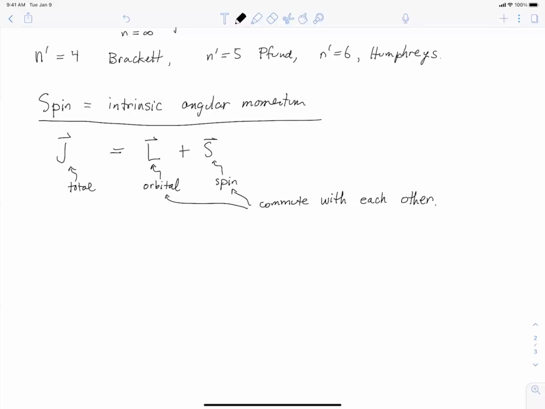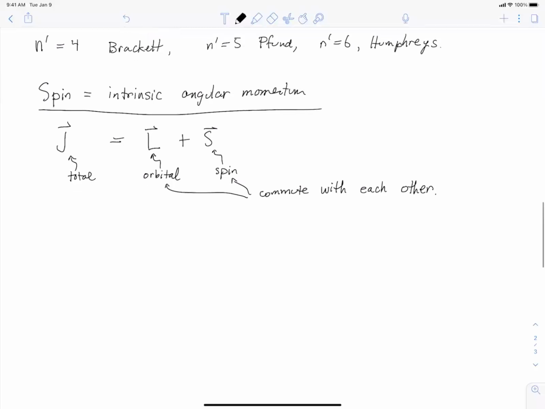Let's say I had a carbon atom, then there are 6 spins and 6 orbital angular momenta, and I need to add them all up somehow and understand the commutation relations that would come about from that. Okay, but for now, we're just going to do this pair.